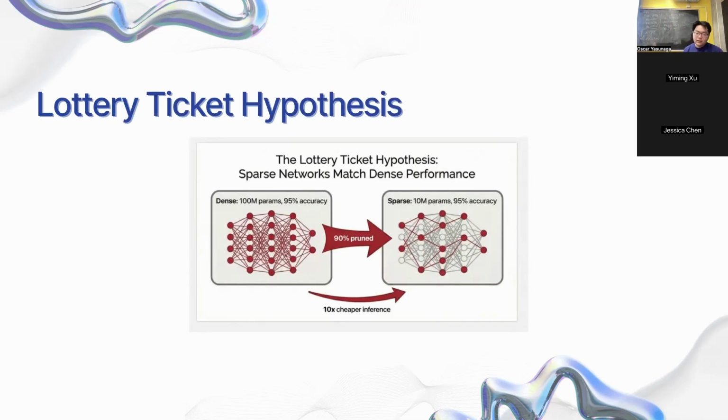This paper called the lottery ticket hypothesis has this big dense network. As you can see on the left, it's 100 million, and they get an accuracy of 95%. And then they go through this pruning process in which they set the weights or specific neurons of the model to zero.